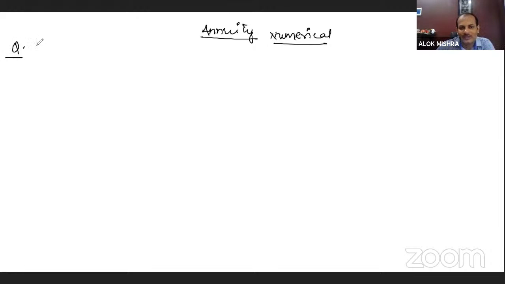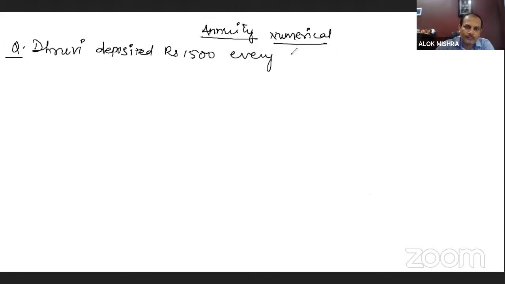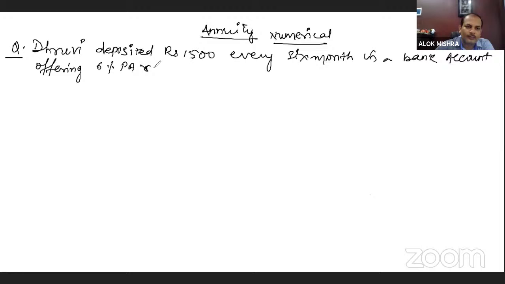Whose turn is it today? So I'll take Dhruvi's. Dhruvi deposited rupees 1,500 every 6 months in a bank account offering 6% per annum rate of interest, for 6 years.